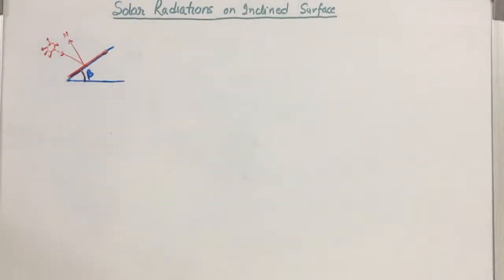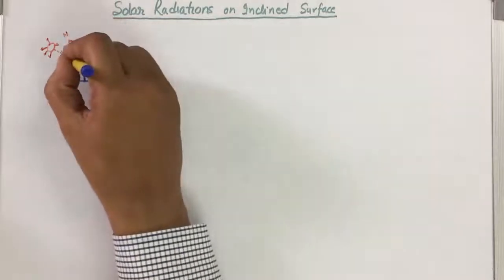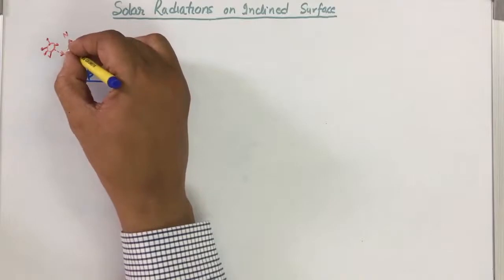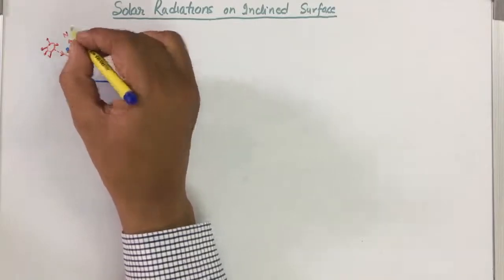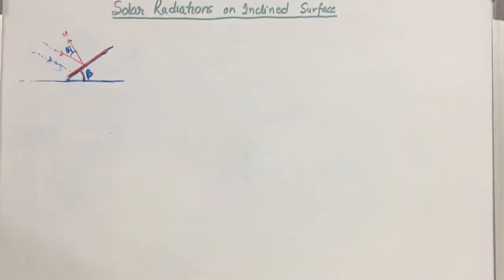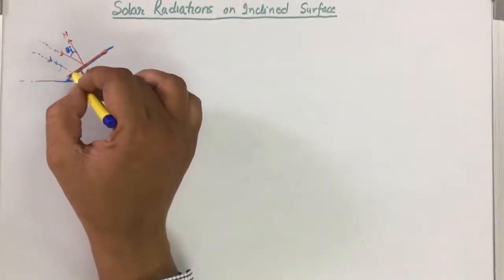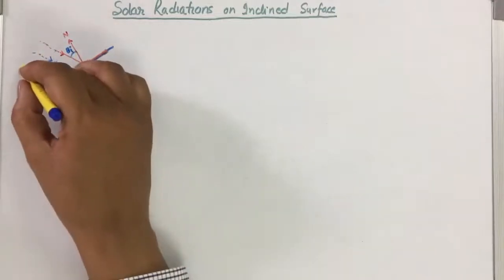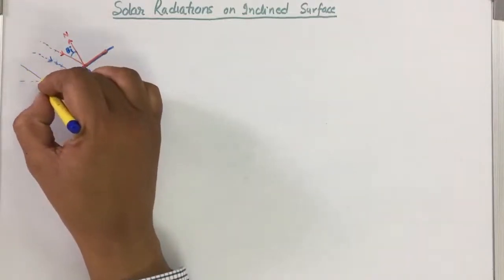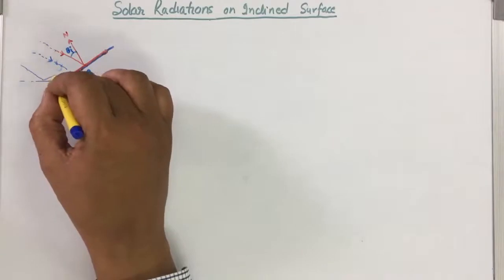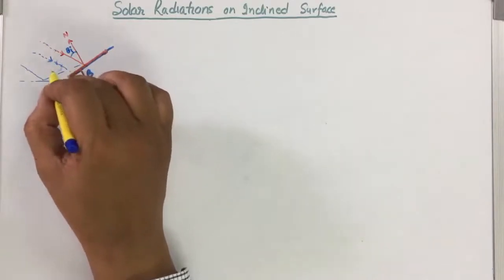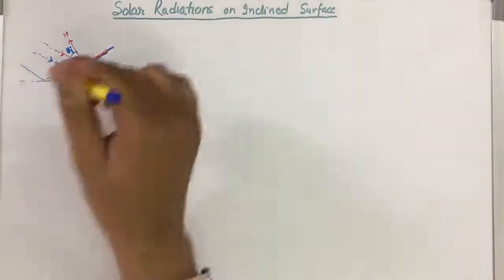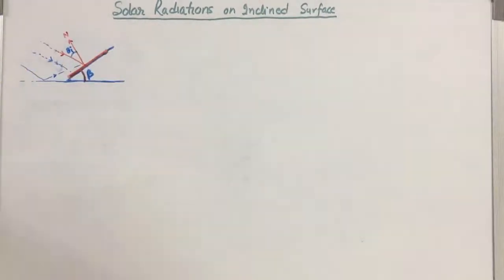In this figure, the angle formed between the normal to the collector surface and the incident radiations is called theta I. Direct radiations can strike the collector surface, and there is also a possibility that radiations get reflected and, after reflection, are collected by the collector surface.